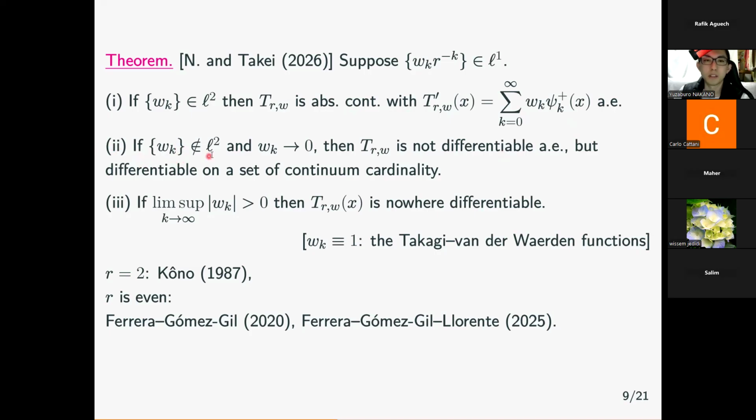If Wk is not square summable and converges to 0, then T^r_W is not differentiable almost everywhere, but differentiable on a set of continuum cardinality. And if Wk does not converge to 0, then T^r_W is nowhere differentiable. The Takagi-van der Waerden function is the third case.